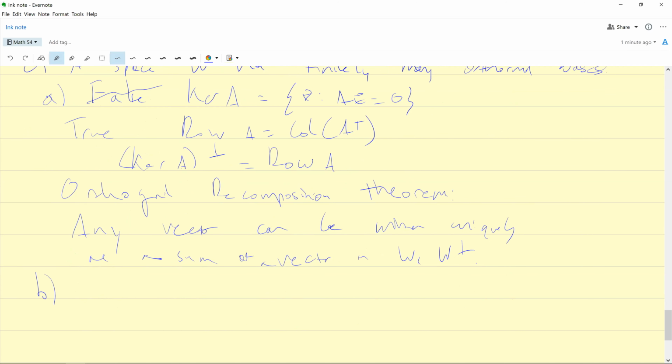Then what about the second one? Does this projection of some vector onto a subspace depend on a choice of basis?